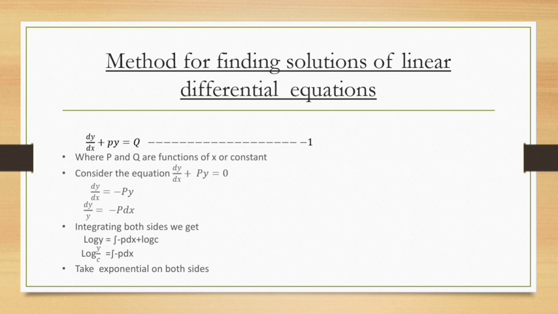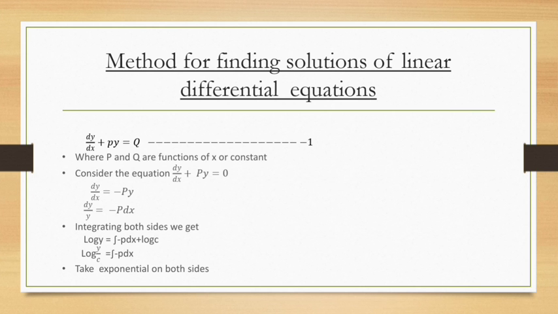Let dy/dx + Py = Q be considered as equation number 1, where P and Q are functions of x or constants. Consider the equation dy/dx + Py = 0. Then dy/dx = -Py, so dy/y = -P dx. Now integrating both sides, we get log y = integration of -P dx + log c.